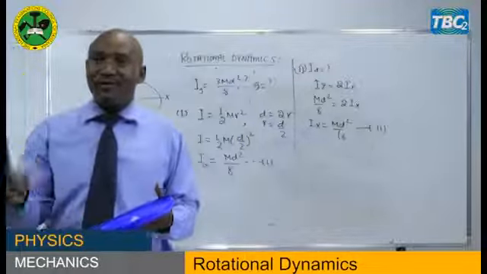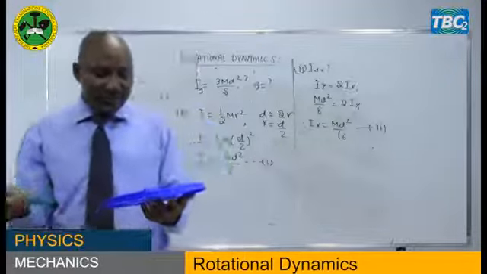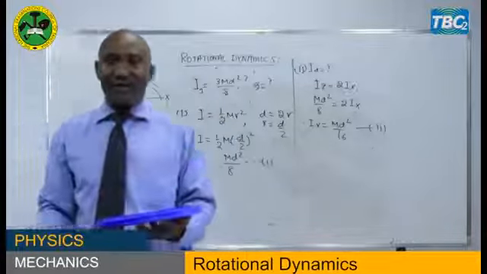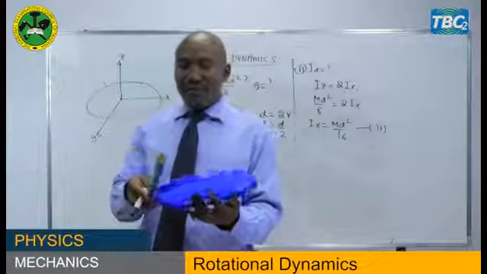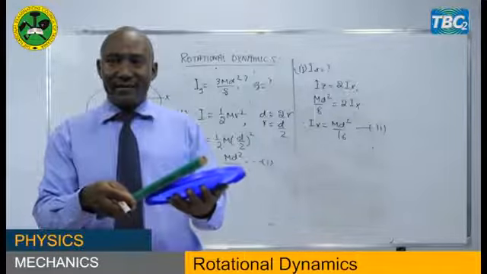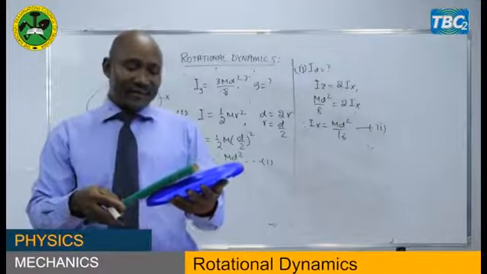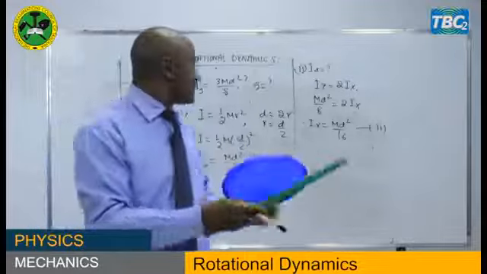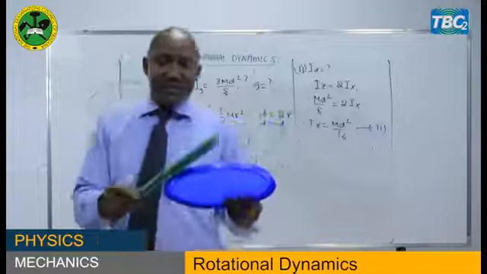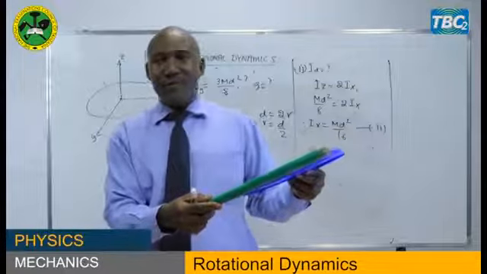Very challenging question. We are supposed to keep moving and look for another alternative. We have tried the axis through the diameter, we failed. The center, we have failed. Suppose it's passing through the circumference, but this time parallel to the plane, like that. If it's passing through the circumference of the disk, but parallel, which theorem do you apply?